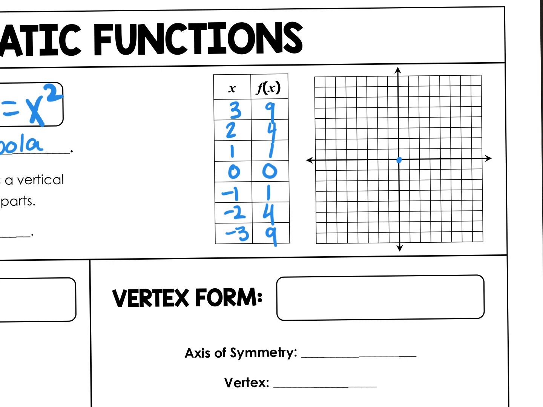So 1, 1, negative 1, negative 1, 2, 4. So that looks like our parent function.